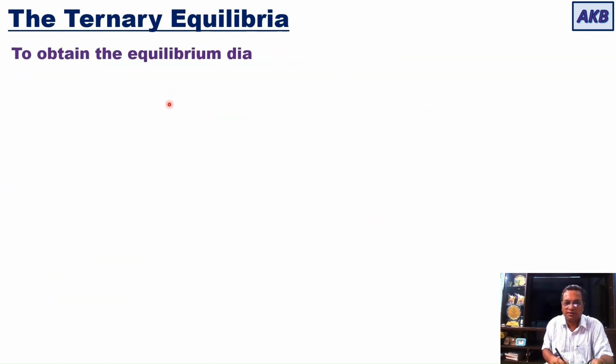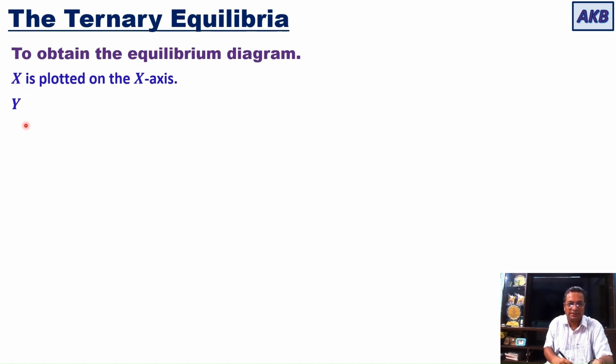And in order to get the equilibrium diagram, we will be plotting capital X on the x-axis. What is capital X? Weight fraction of C on C-free basis in the raffinate phase. And capital Y is plotted on the y-axis. What is capital Y?